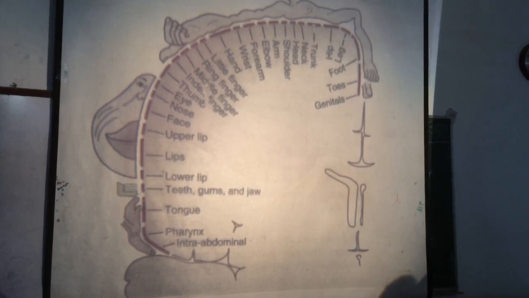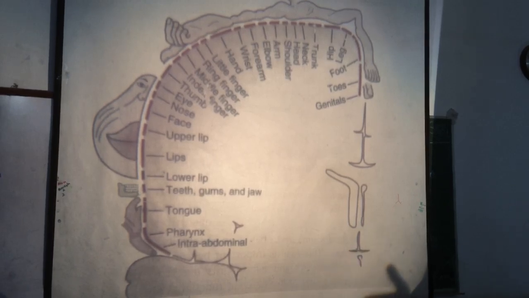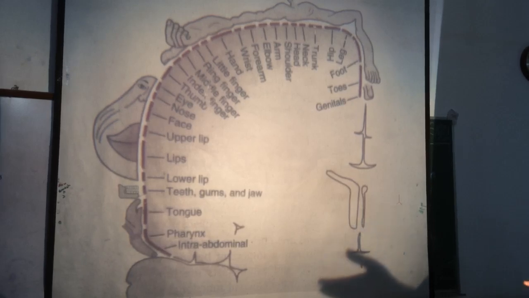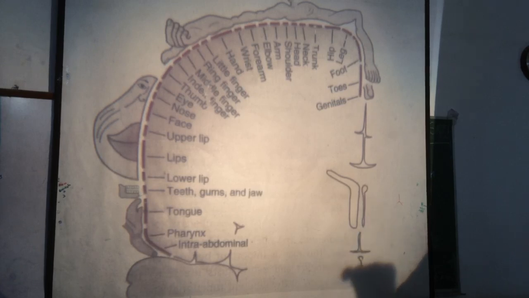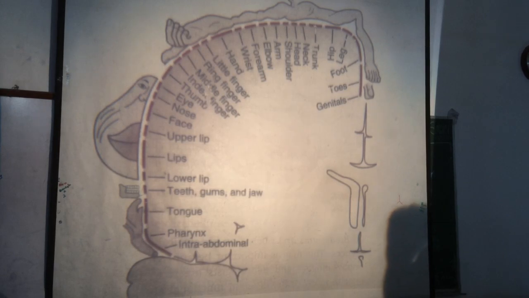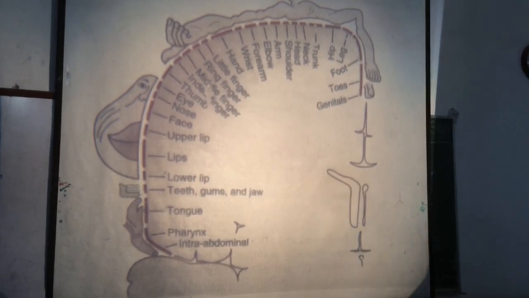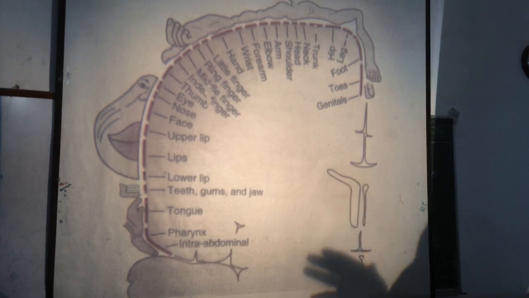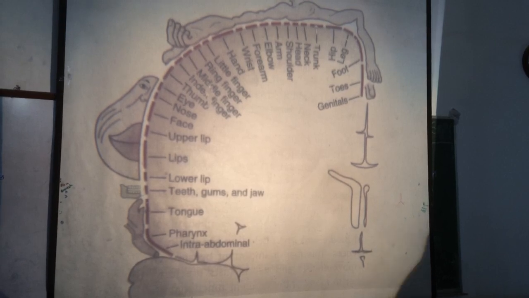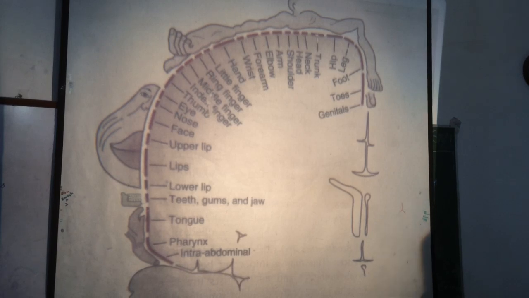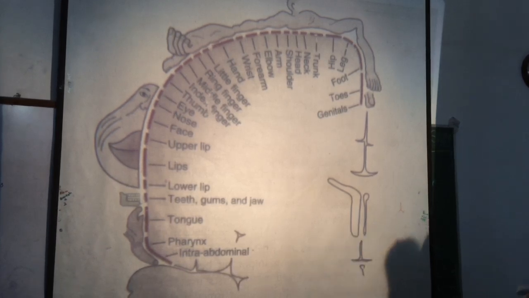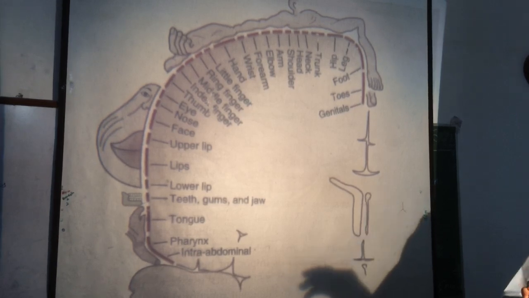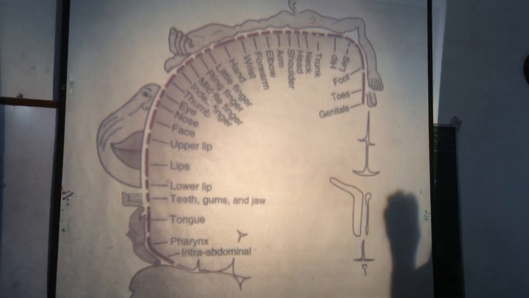Now, about the connections of the primary motor area. First, the afferents. Afferents come from the premotor area and primary motor area of the opposite side, then from the somatic sensory area, visual area, auditory area, and then from the thalamus, basal ganglia, and cerebellum.